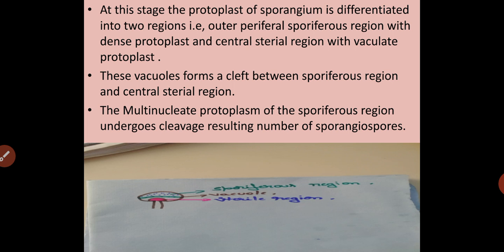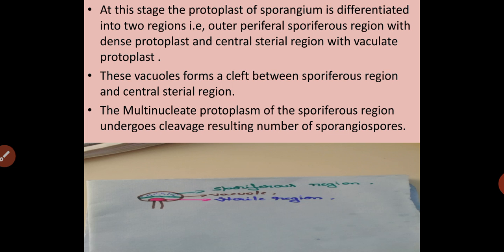At this stage, the protoplast of the sporangium is differentiated into two regions, that is, the outer peripheral sporiferous region with dense protoplast and the central sterile region with vacuolate protoplast. These vacuoles form a cleft between the sporiferous region and the central sterile region.